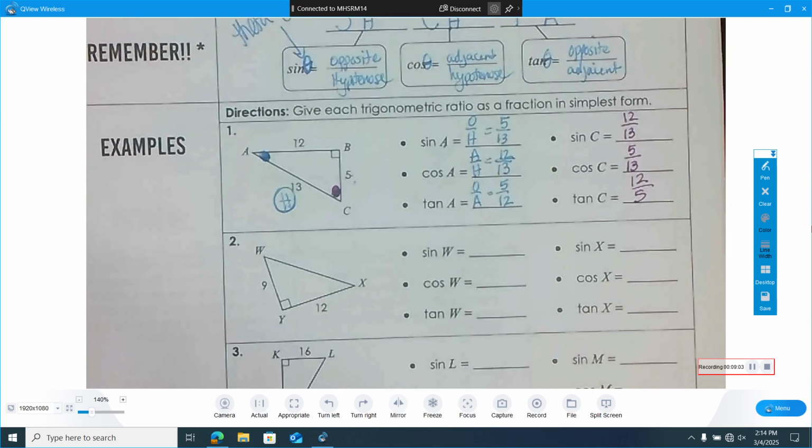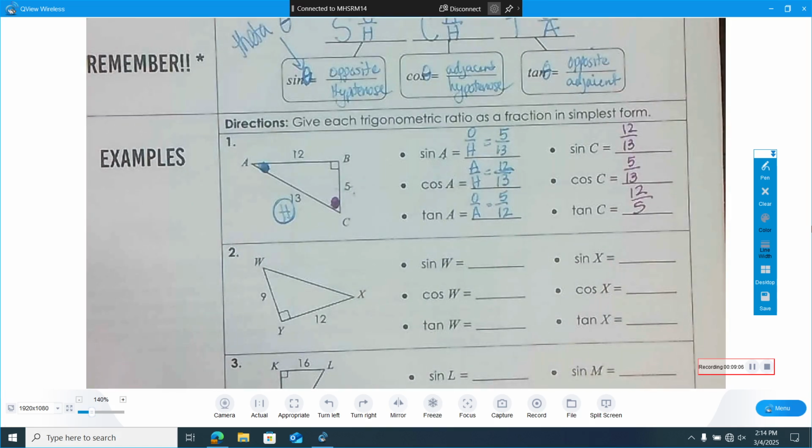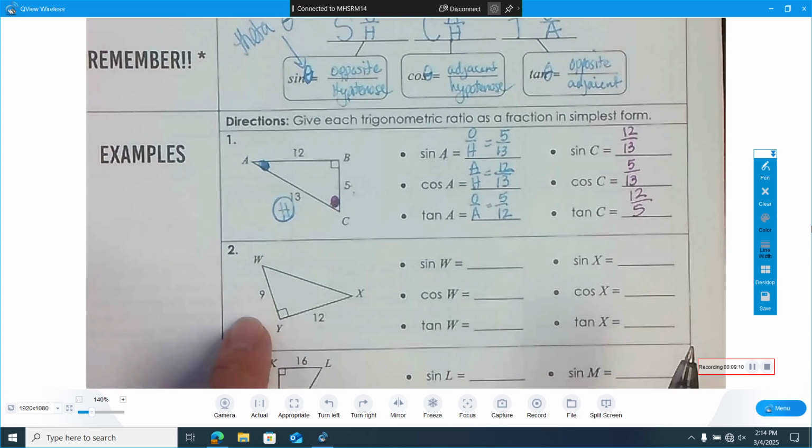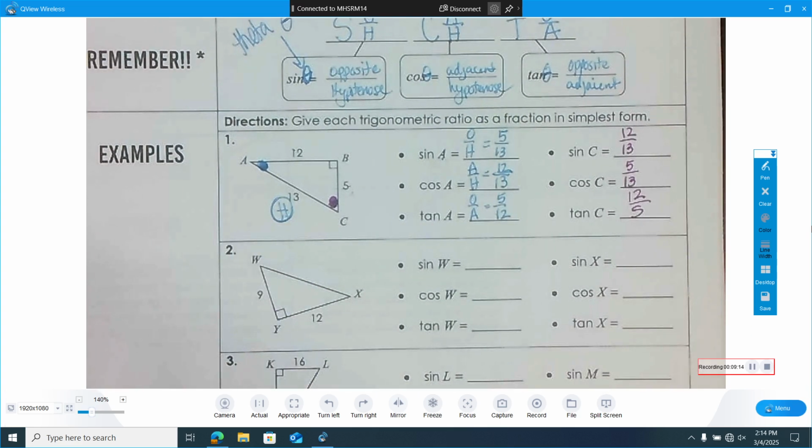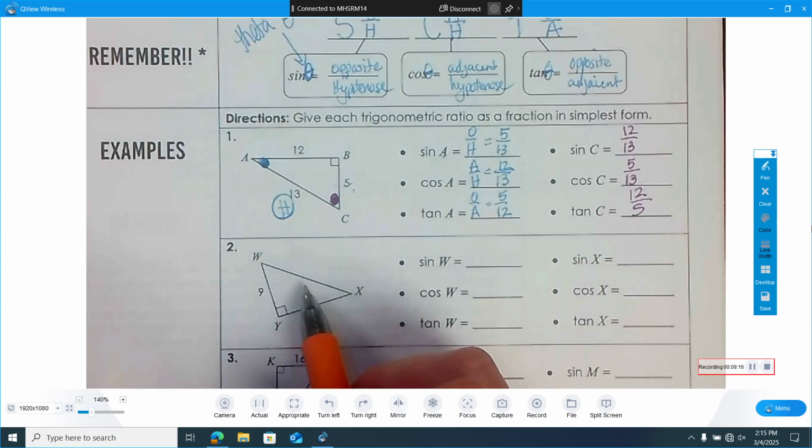All right. So let's look at number 2 here. If I want my ratios, what's missing in this picture? The hypotenuse. Yeah, we've got to figure it out.